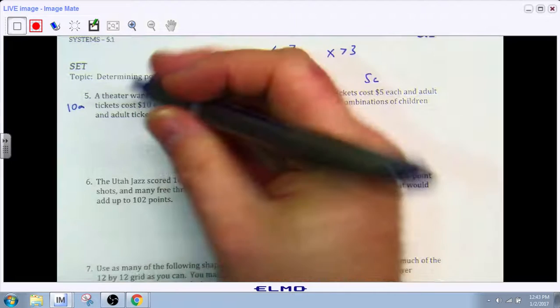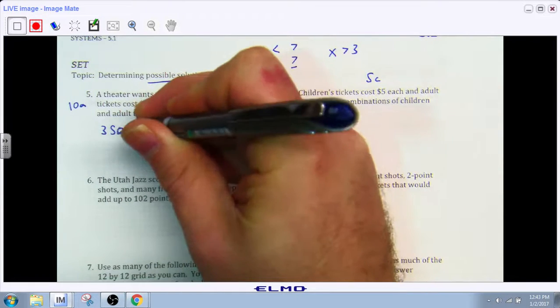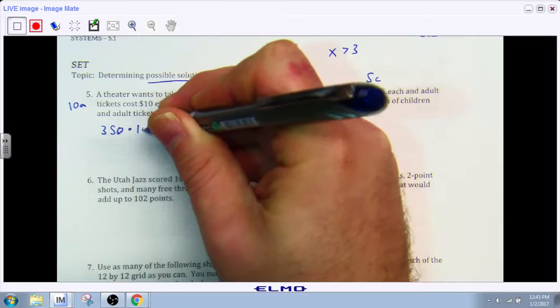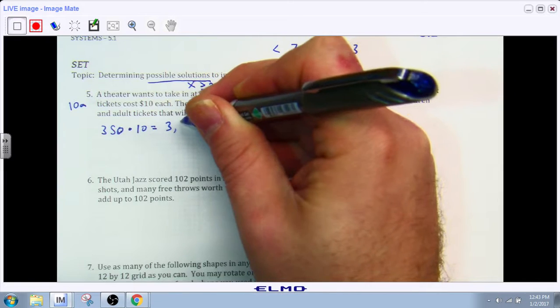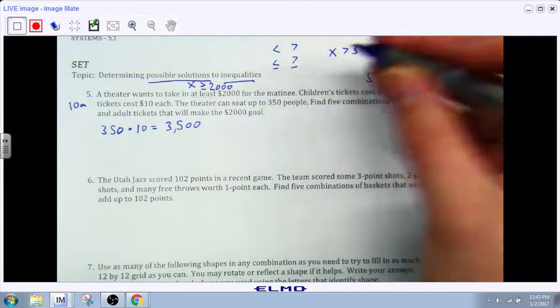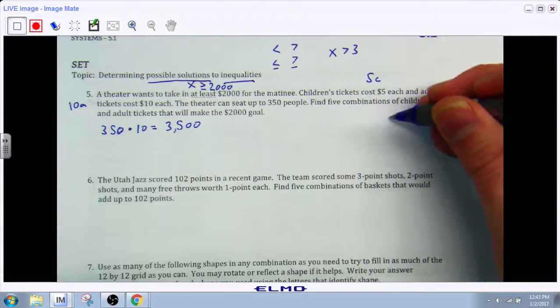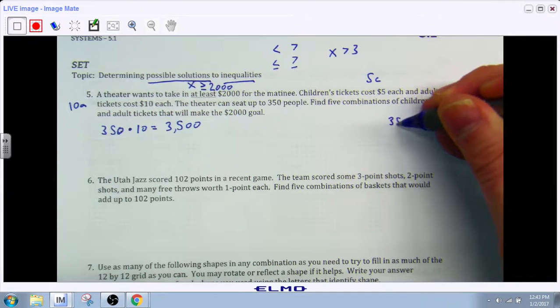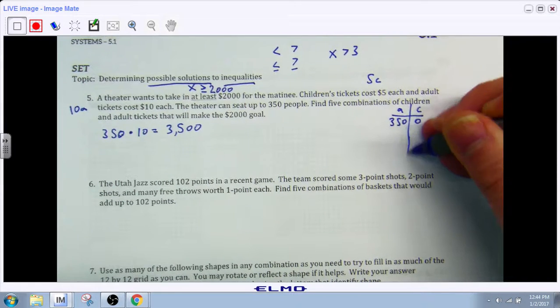what if there were 350 adults? If I had 350 adults that each paid $10 a ticket, I would have $3,500, right? That is greater than or equal to 2,000. So I would know that one combination would be 350 adults and 0 children.